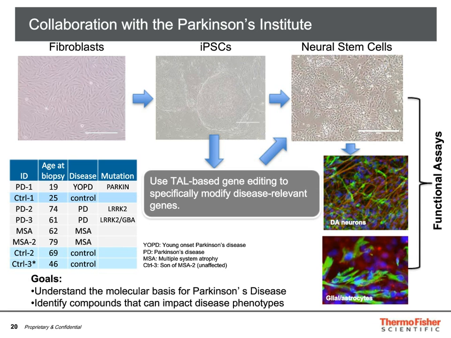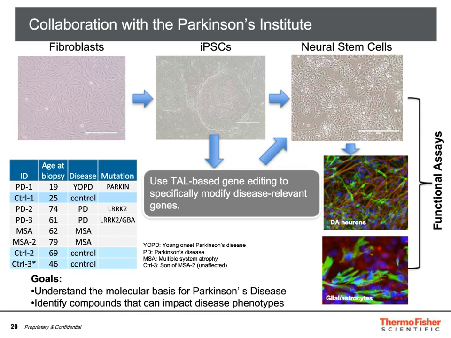At that time, we were using TAL effectors, and so what we did is we took those iPSCs and we understood and confirmed what the mutation profile in these particular cells was. Then we either induced the mutation or we repaired mutations in these, and then we validated those by sequencing, and then we created neural stem cells from those. And then we wanted to look at, and it's ongoing, the different pharmacology and functional analysis.